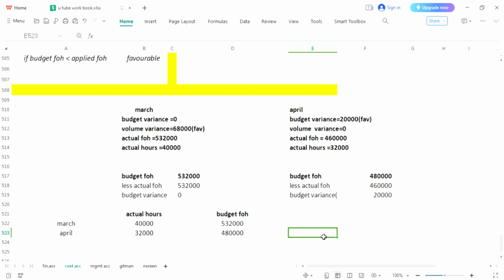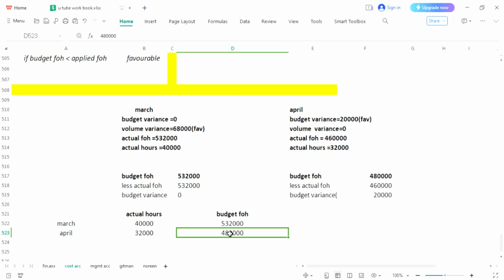I need your attention, I will repeat it. These actual hours were given in the question. We have written 40,000. For April, actual hours were 32,000, written in the same way. Budget FH we have calculated as 5,32,000, and we have put it over here. Budget FH for the month of April we have calculated and posted over here.